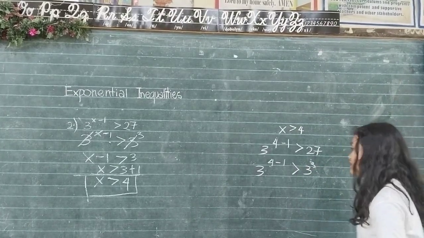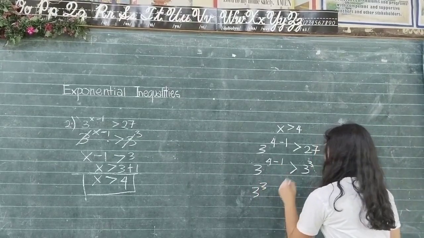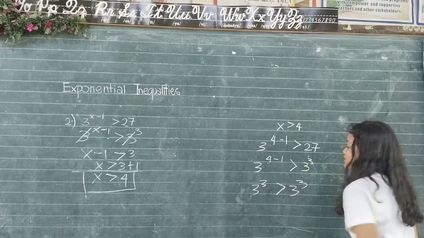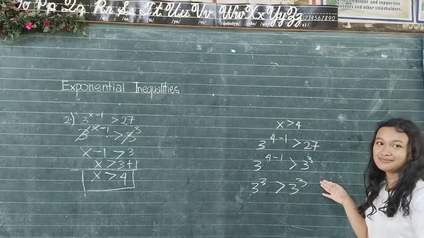So, 4 minus 1 is equal to 3, and is greater than 3 raised to the power of 3. Since they are the same, it means our answer is correct.